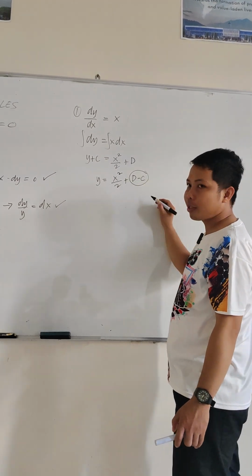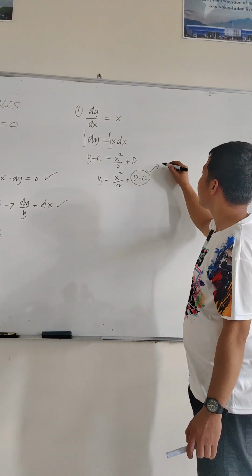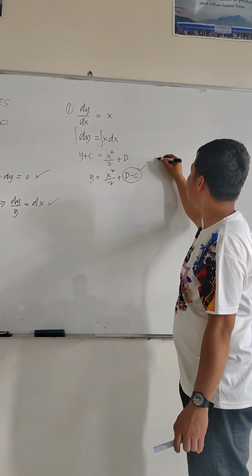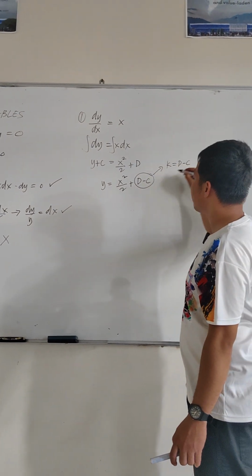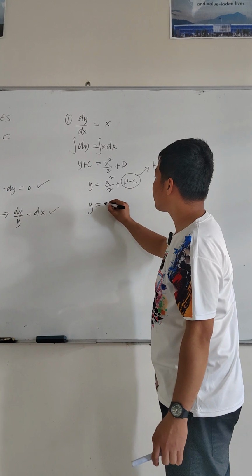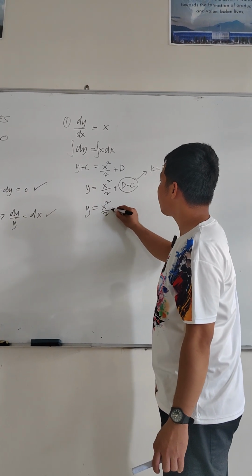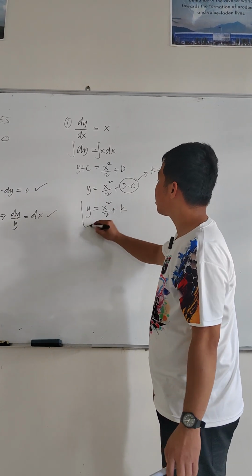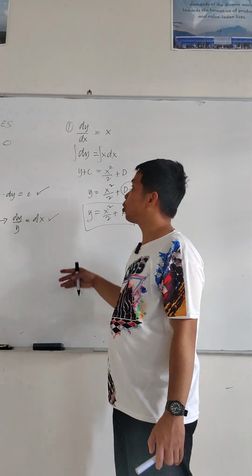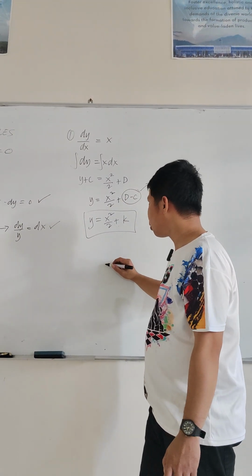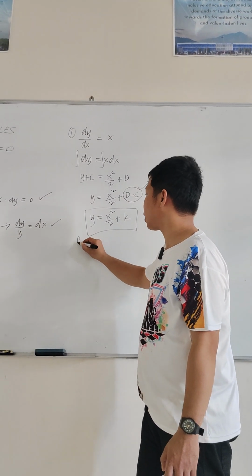So ito ay arbitrary constant. So you can let this arbitrary constant as, let's say, k is equal to d minus c. So this can be written as y is equal to x squared over 2 plus k. So this is the solution for that differential equation. Or pwede na din natin na i-shortcut na.